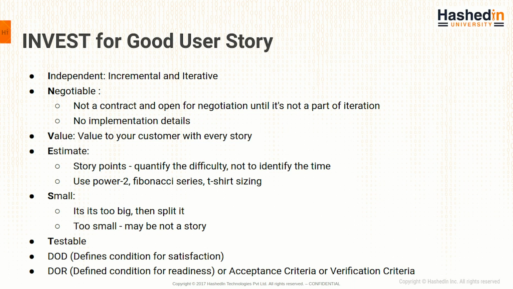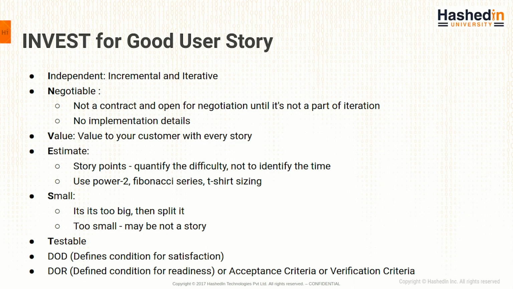Then the very important question that you should ask when you're writing a story is about value: whether this story is giving any value to your customer. The next thing is estimate. There are multiple ways in which you can estimate a user story: story points, power of 2, Fibonacci series, t-shirt sizing. But the most effective and recommended one is story points.